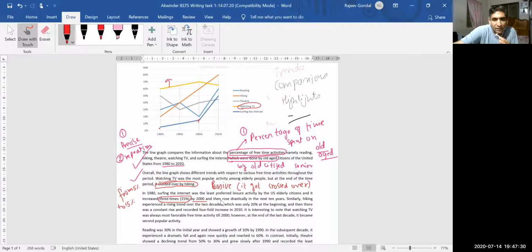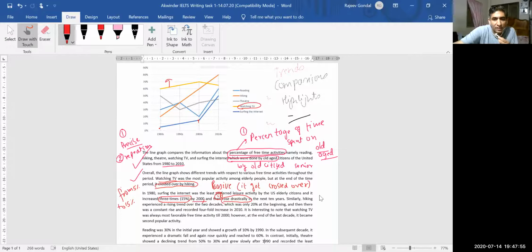And then it rose. So you have to write it here again. And then it rose drastically in the next 10 years. It rose drastically, as if it decided to rise drastically.